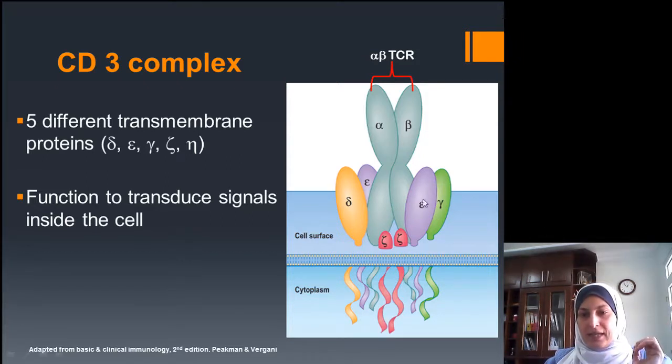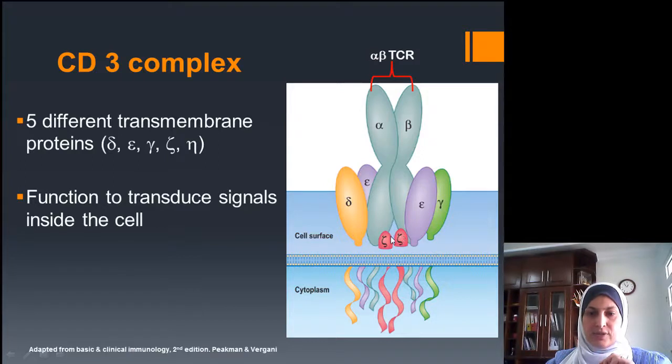So there's the epsilon protein that comes in combination with either delta or with gamma. So we have epsilon delta, epsilon gamma, and we have zeta. So it can be 2 zetas or can be zeta and eta. So in total, we have these 5 structures, 4 and 6.